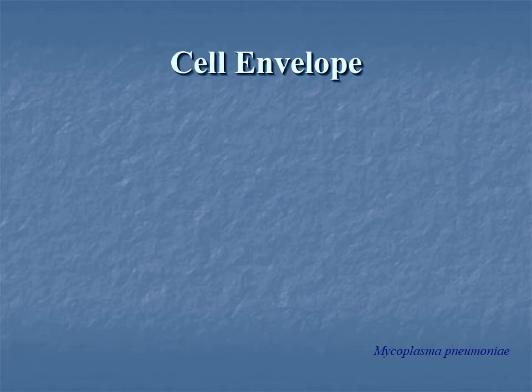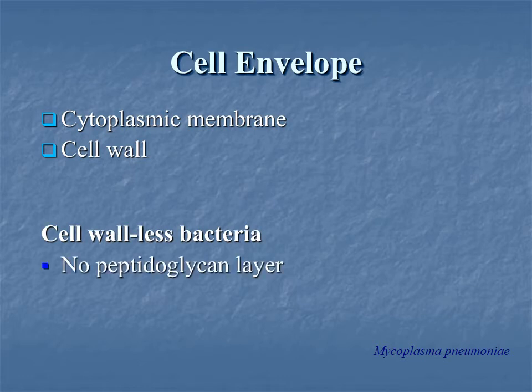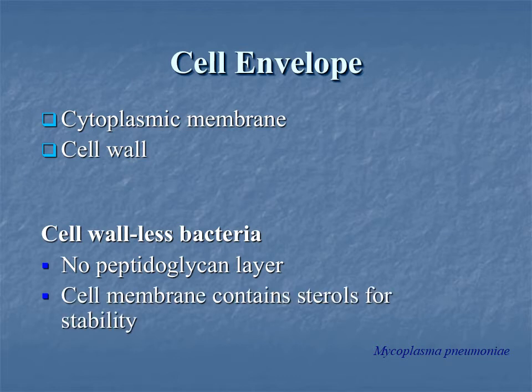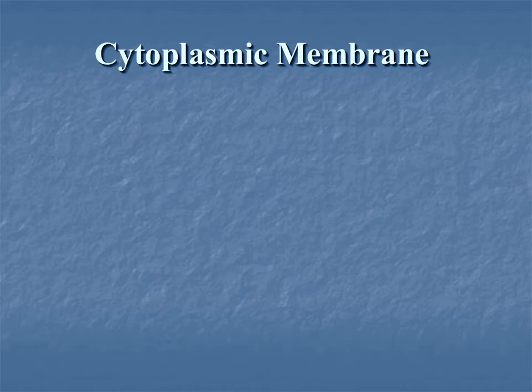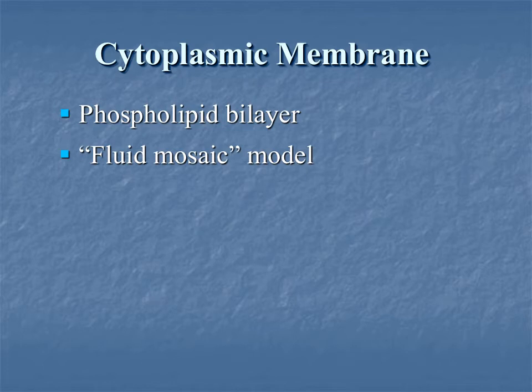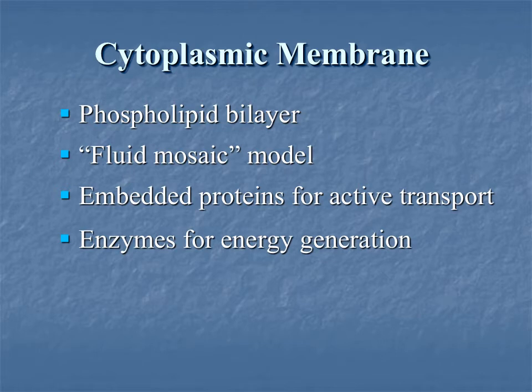Cell envelope. The cell envelope contains the cytoplasmic membrane and cell wall. The group of bacteria that lack a cell wall is named L-form. They don't have a peptidoglycan layer, and the cell membrane contains sterol for stability. The cytoplasmic membrane is a phospholipid bilayer, fluid mosaic model, with embedded proteins for active transport, enzymes for energy generation, and photosynthetic pigment.